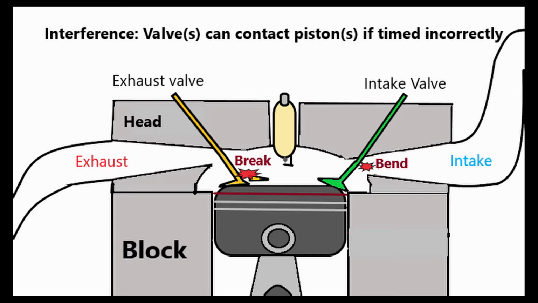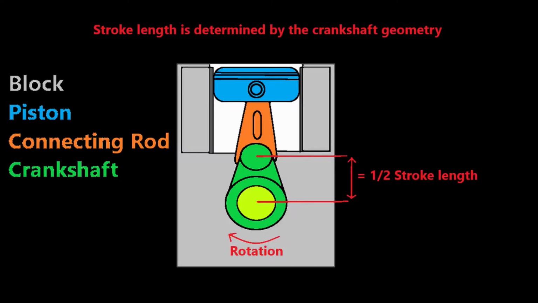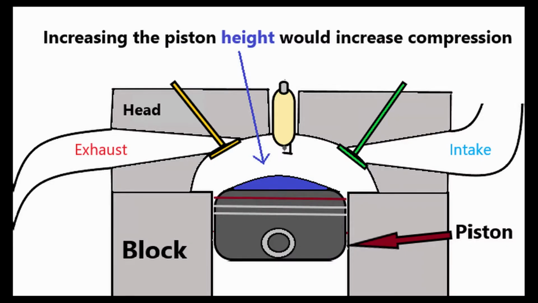Without getting too far off track, changing the stroke length or piston geometry is a very precise thing, and that means it can be very expensive and or time consuming. In addition, the gains that come from those type of upgrades can usually be made in cheaper and easier ways. But if you have more of an extreme build, those builds usually have increased compression and external power mods like a supercharger or a turbo.